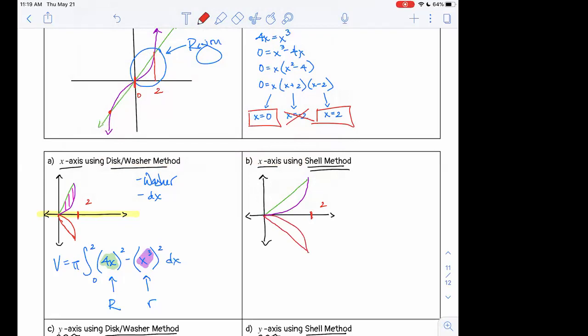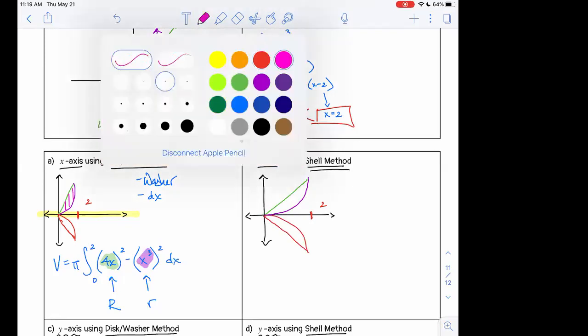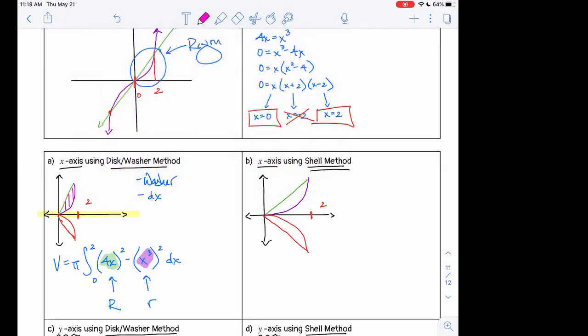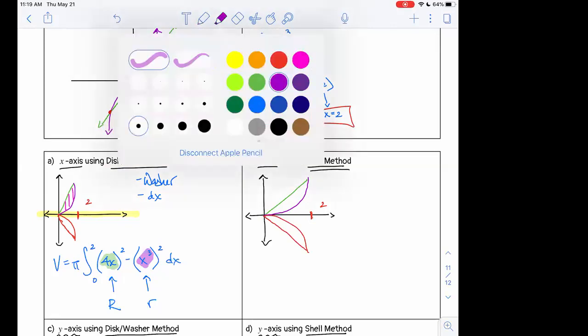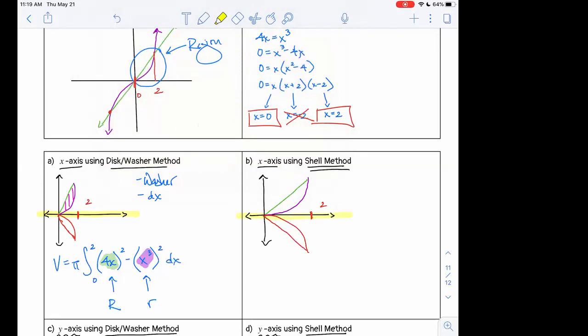All right, so the pictures in the general sense shouldn't be that different, but I should not see pink lines that are perpendicular this time to my axis of revolution. I should see pink lines that are parallel to my axis of revolution.